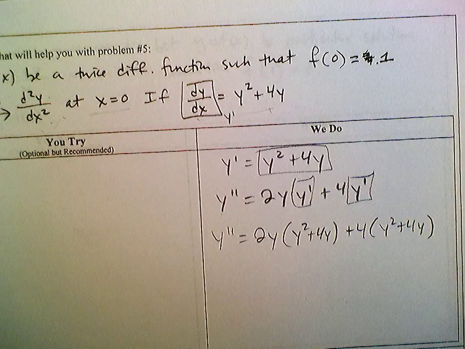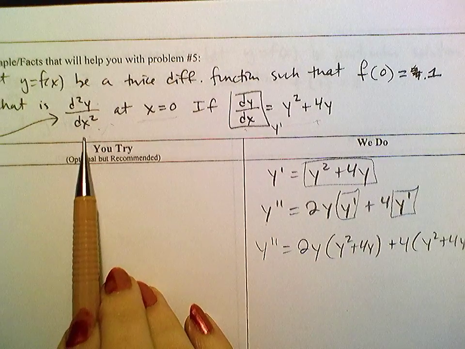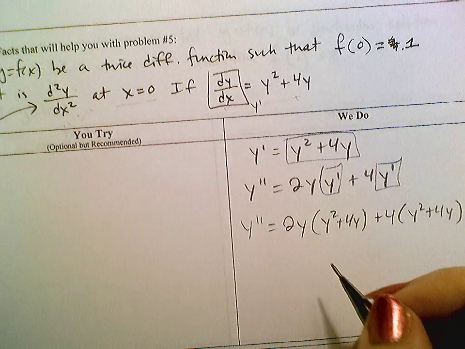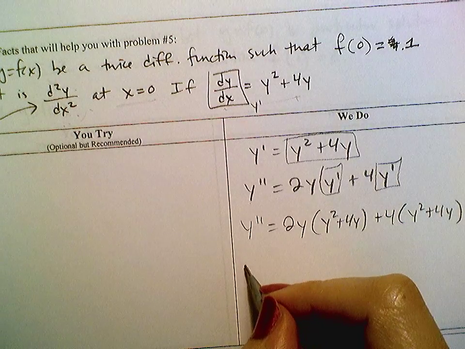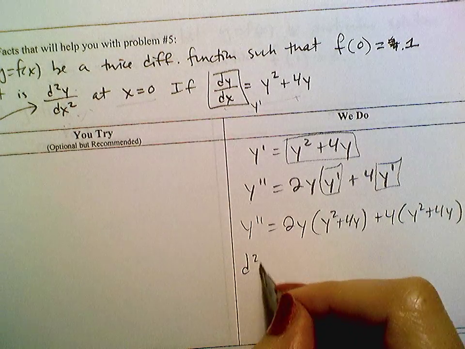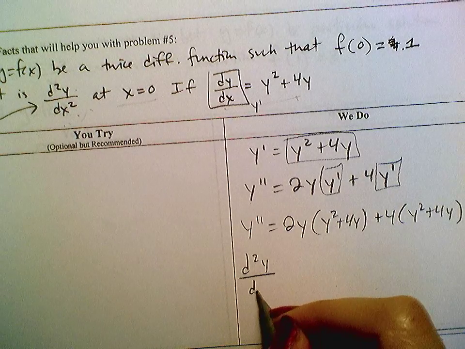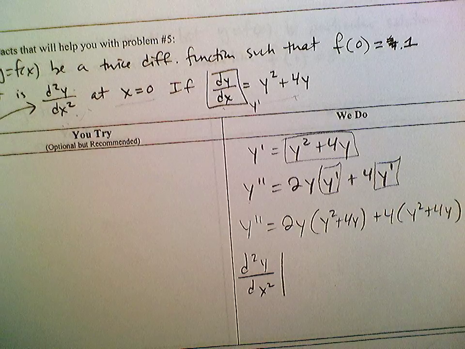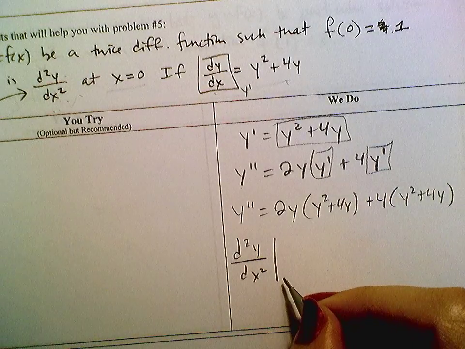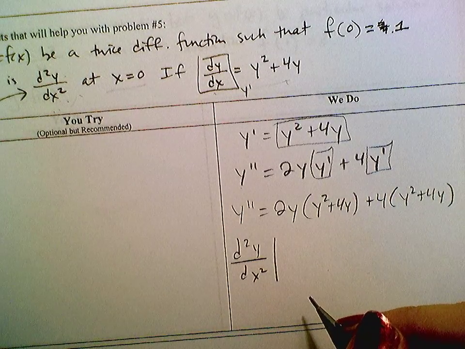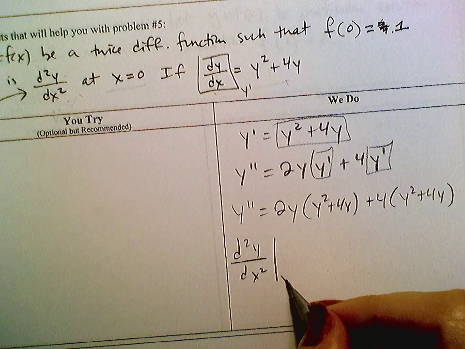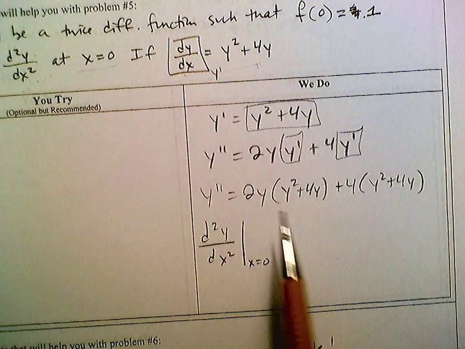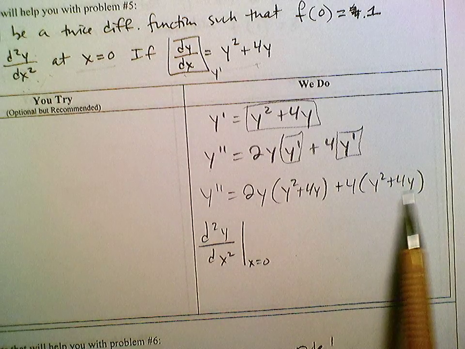Okay, and now they want the second derivative. Okay, and this is notation. This means evaluated at x equals 0. But guys, if you look at our second derivative, there's no x's in there.